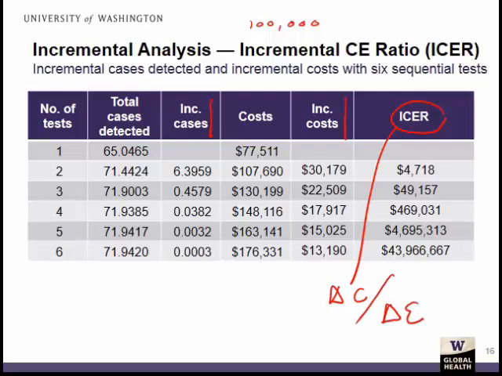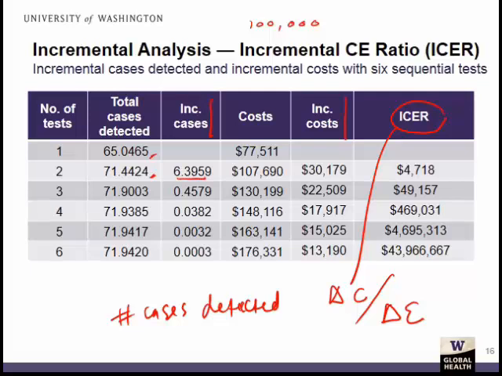And here the effectiveness is number of cases detected. So if you move to the second test, you now have 71.44 cases detected. The incremental number of cases detected is this minus this, which would be 6.4 cases detected.